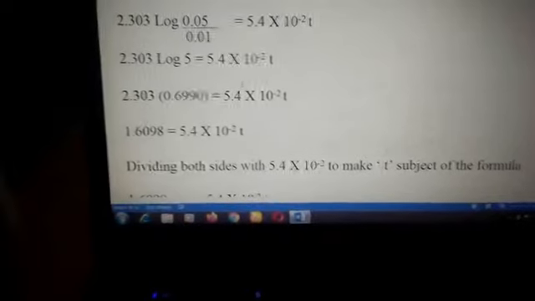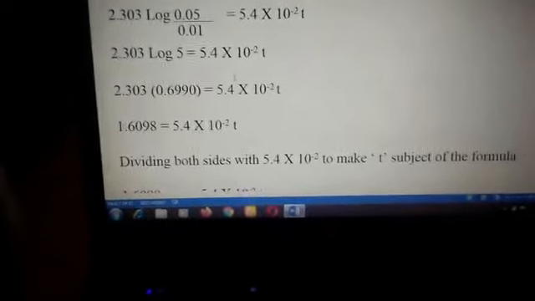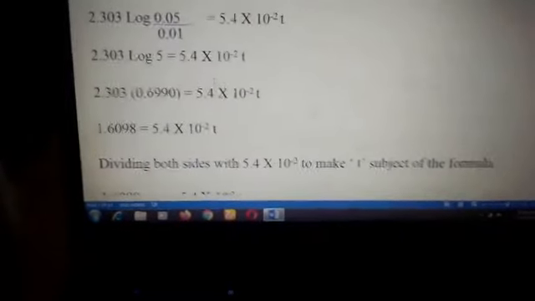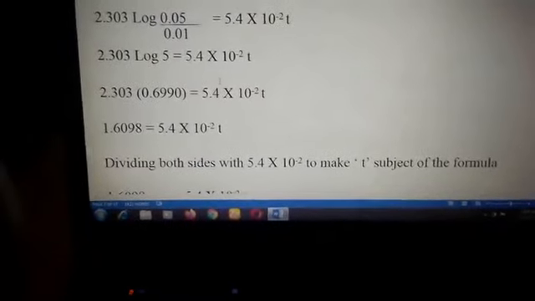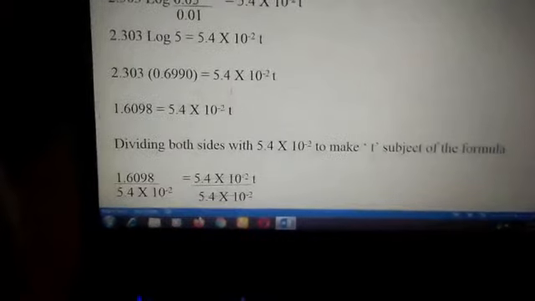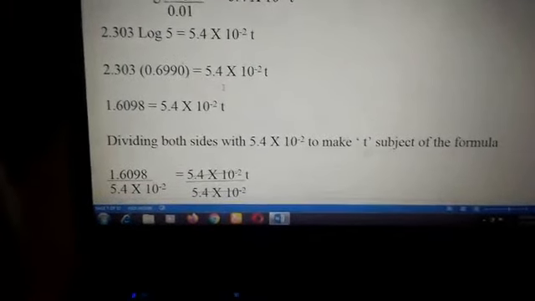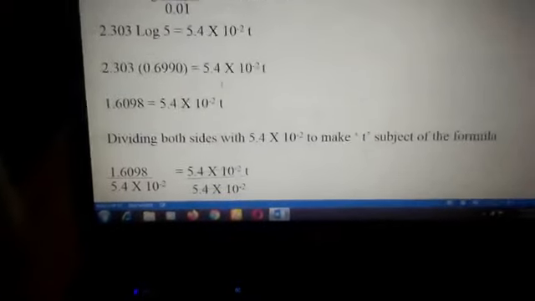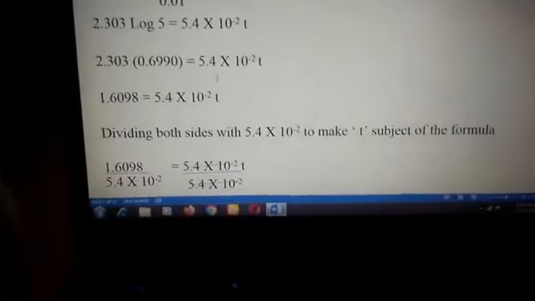So we now have 2.303 multiplied by 0.6990 equal to the right hand side 5.4 times 10 to the power minus 2 t. Then 2.303 multiplied by 0.6990 gives us 1.6098 equal to 5.4 times 10 to the power minus 2 t.